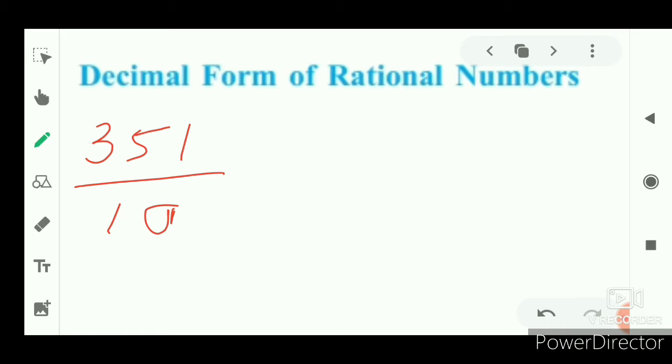So there is a hidden decimal point at the end of this number, and after the decimal point, 00. Okay, any number that does not contain a decimal point, it means that there is a hidden decimal point after that, and 00 after the decimal point. Okay, so the number 351 is same as 351.00.